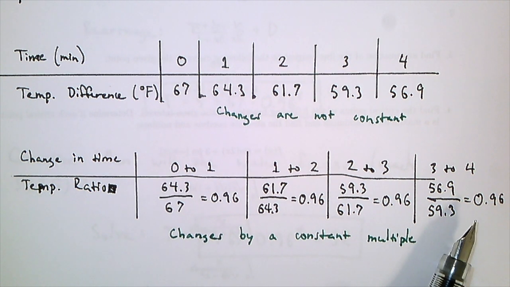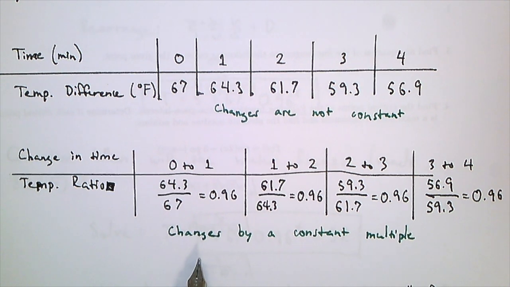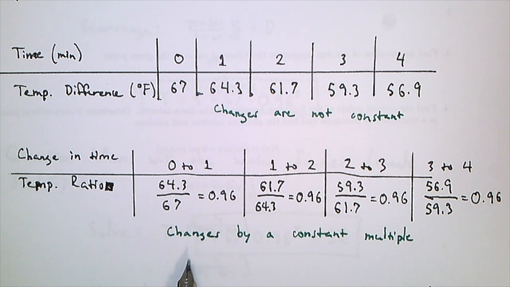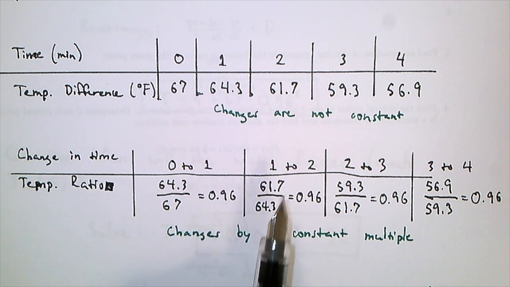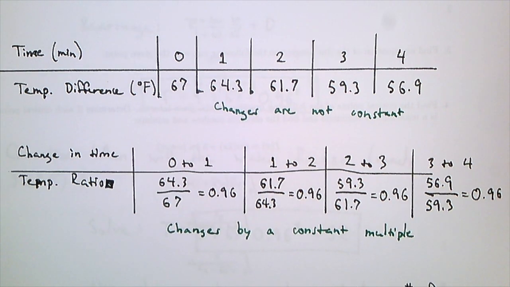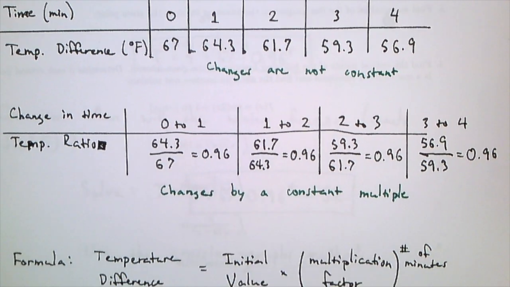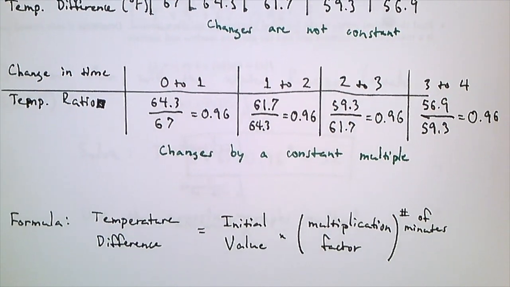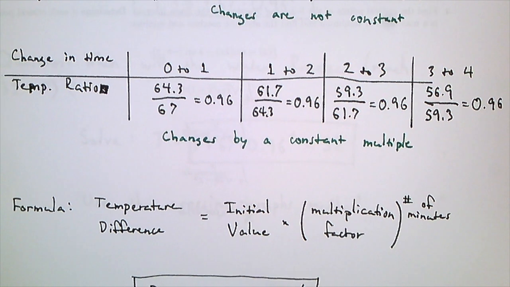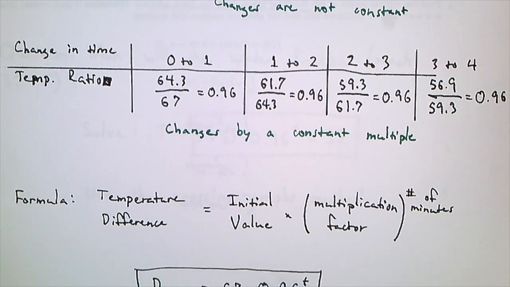So what this means is that the temperature difference of the water changes by a constant multiple for each minute. For each minute, you multiply by 0.96 to get the temperature difference for the next minute. That means the temperature difference follows an exponential model.